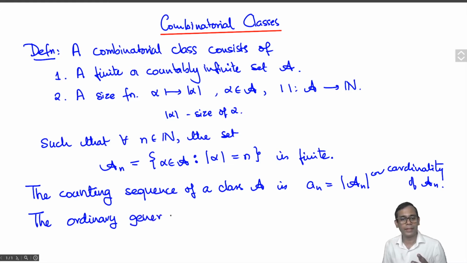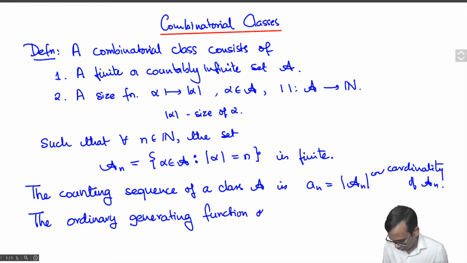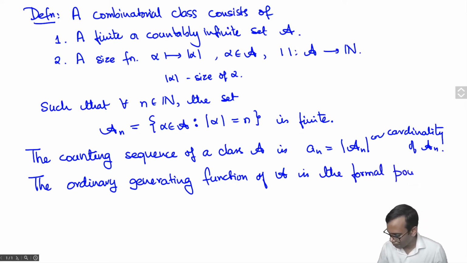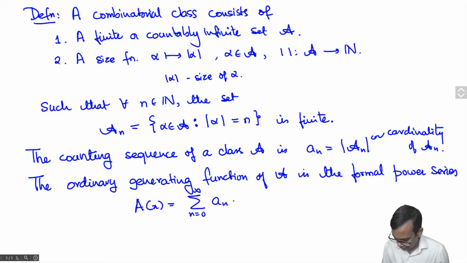We will encounter exponential generating functions a little later in the course. It is the formal power series. You could of course try to treat it as an analytic function, but in this course we will not. A(x) is equal to the summation, n goes from 0 to infinity, of a_n x to the power n.